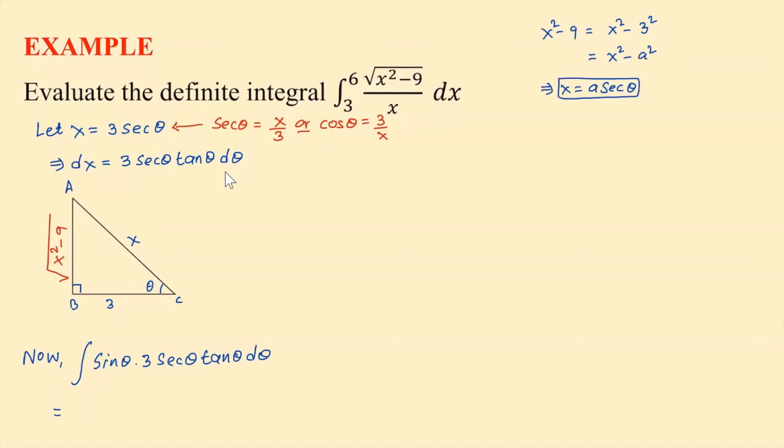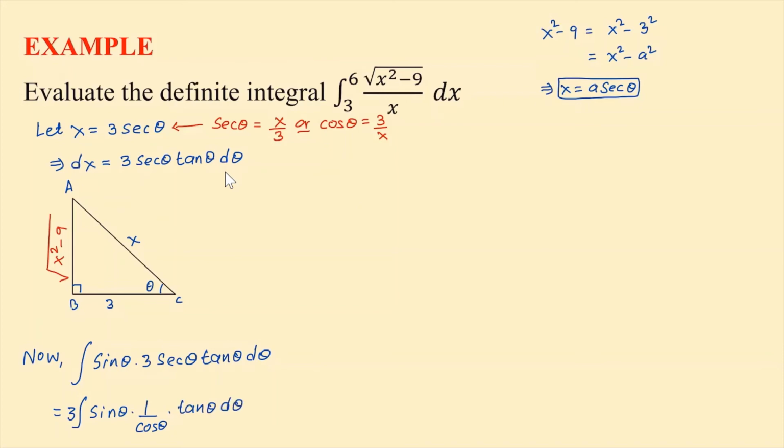Let's simplify this a little bit. We have integration of sine theta. 3 is a constant, we can take that out. Secant theta is 1 over cosine theta times tangent theta d theta.